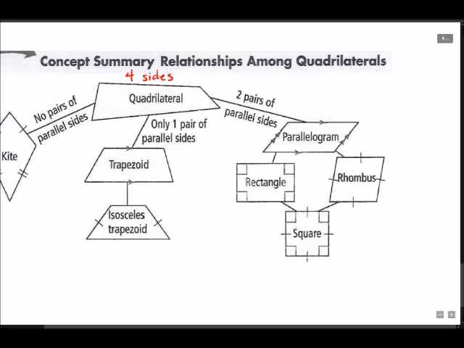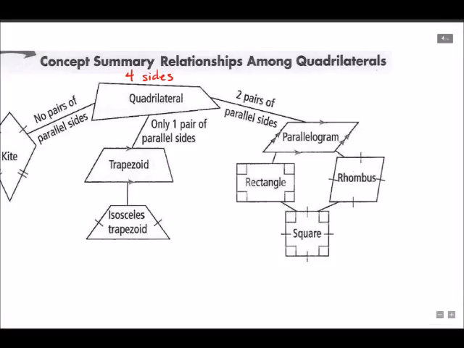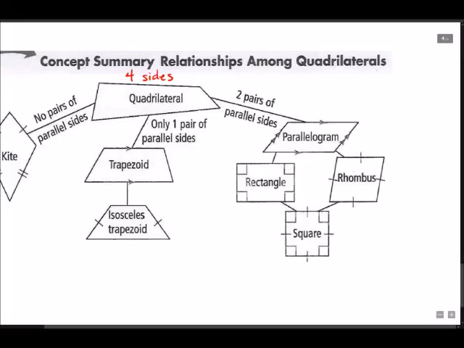Well, we are going to give it 2 pairs of parallel sides. That makes a parallelogram. What do we know about parallelograms? Well, we know that the definition of parallelogram says that opposite sides are parallel. Both pairs of opposite sides are parallel.